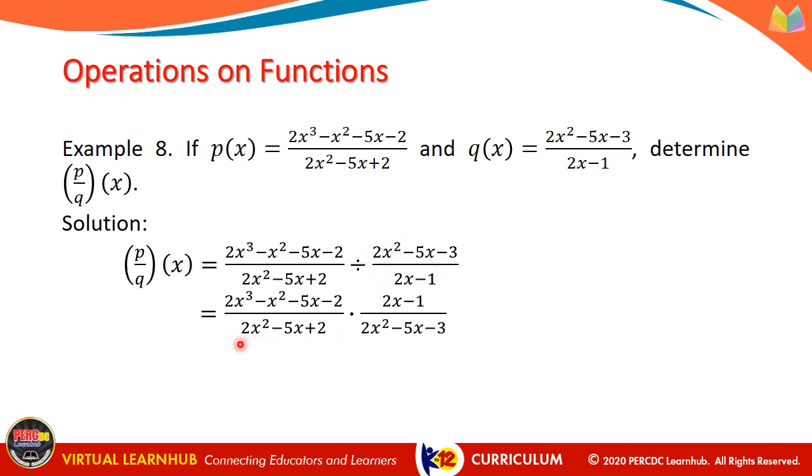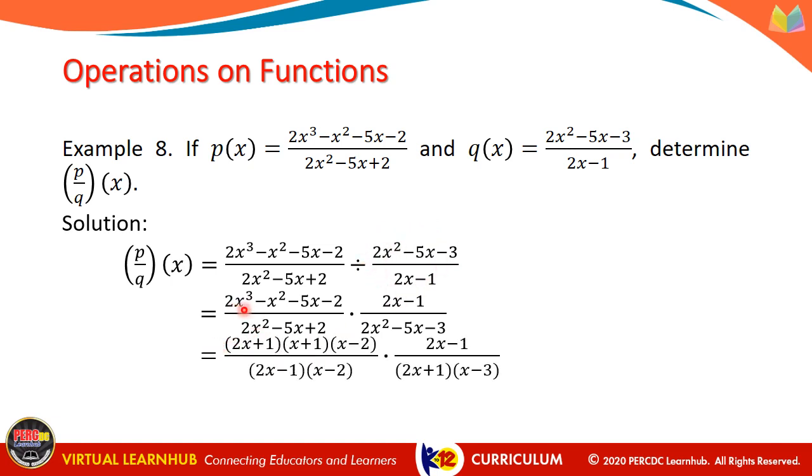Next, 2x cubed minus x squared minus 5x minus 2 can be factored as 2x plus 1 times x plus 1 times x minus 2. 2x squared minus 5x plus 2 can be factored as 2x minus 1 times x minus 2. And 2x squared minus 5x minus 3 can also be factored as 2x plus 1 times x minus 3.